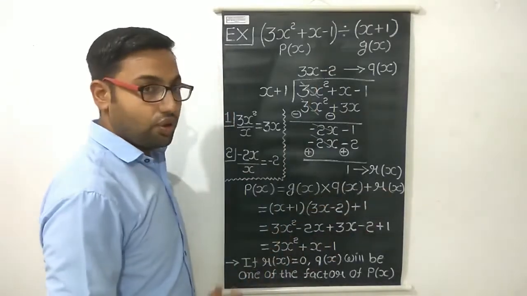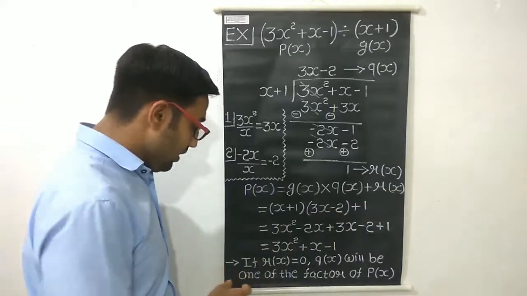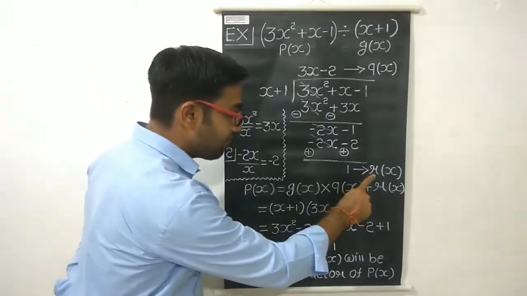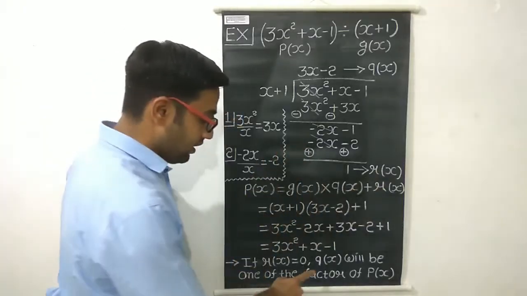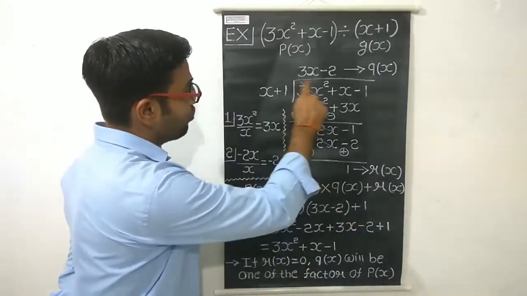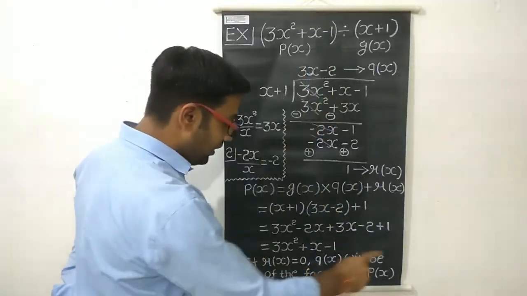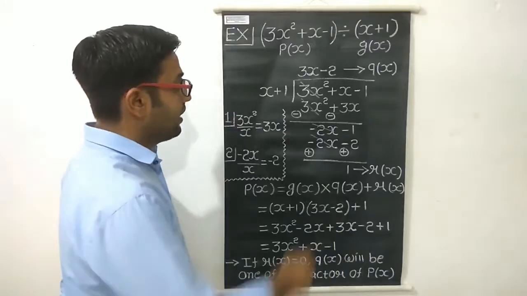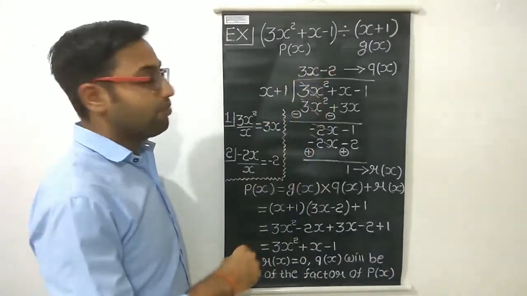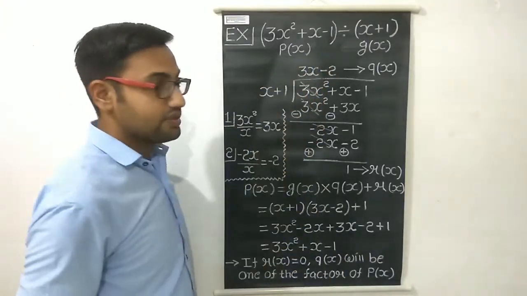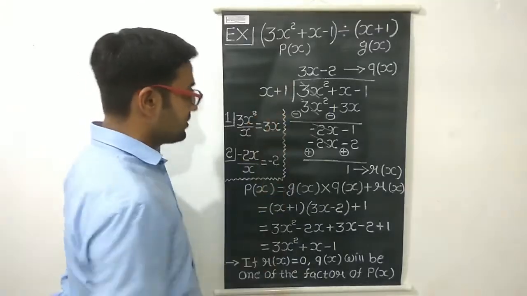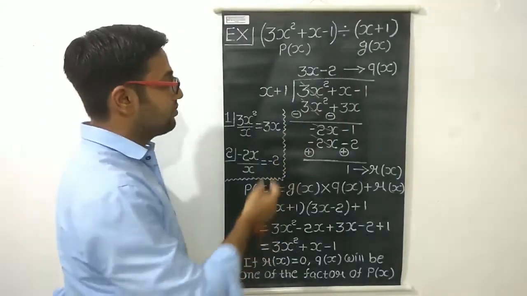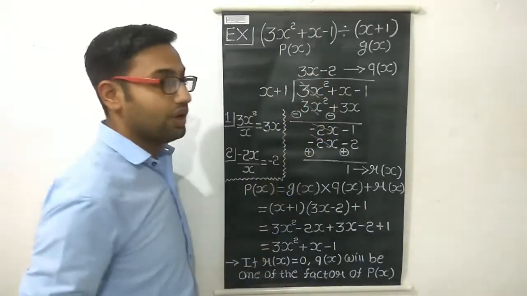Okay. So if r of x is equal to 0, that means if the remainder becomes 0, this quotient q of x will be one of the factors of p of x. Also this divisor, that is g of x, also becomes a factor of this given polynomial.